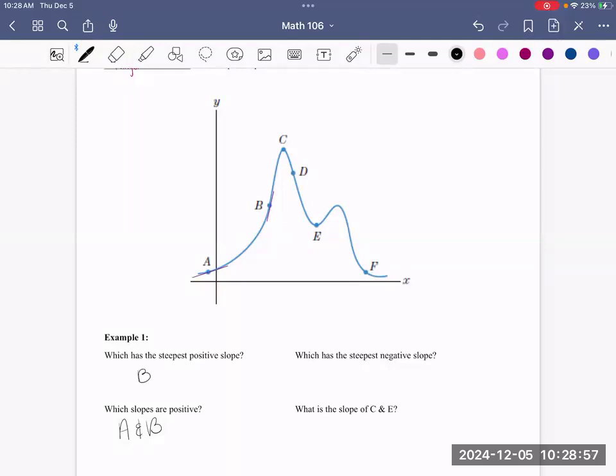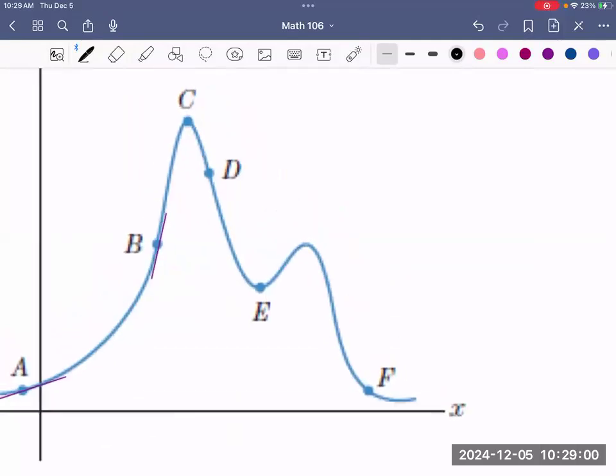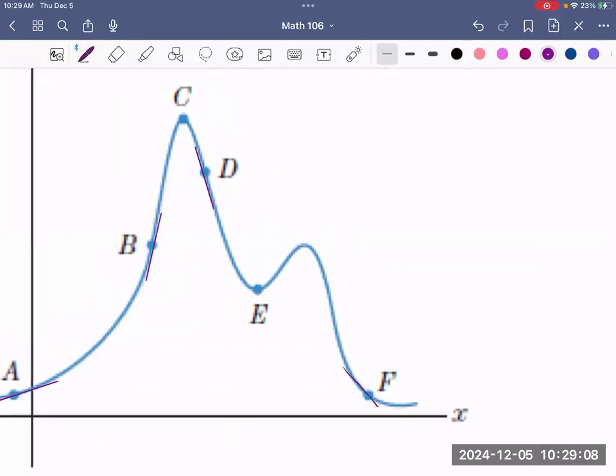Now, which one has the steepest negative slope? If we were to do the same thing again, here at D, and again, maybe at F, and F, I'm going to redraw again because I want to try and get it as best I can.